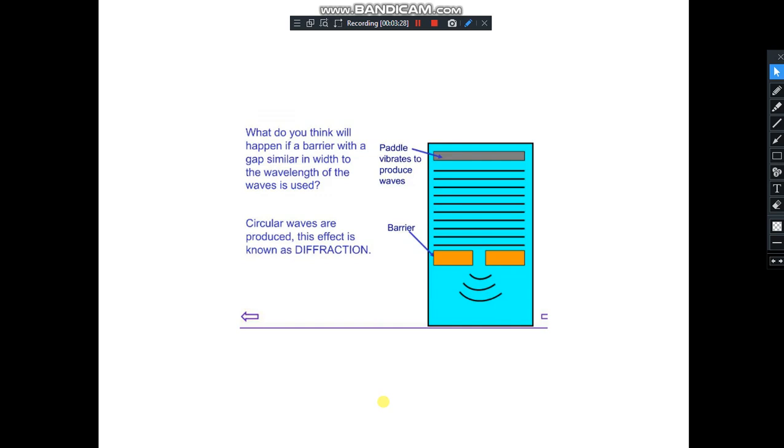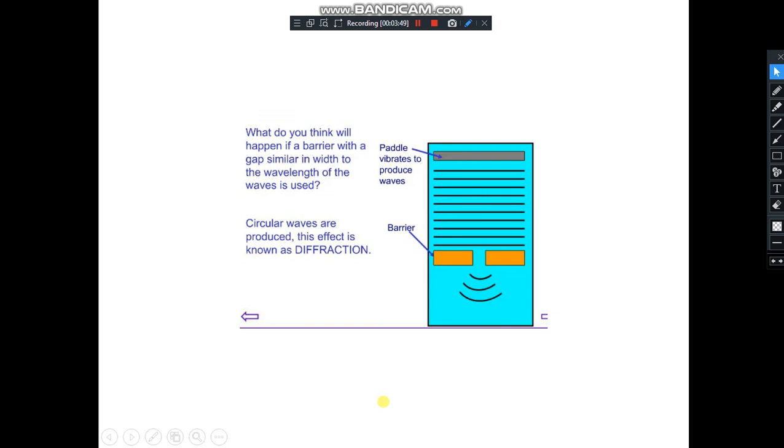And when we put obstacles in front of the waves, and the distance between the obstacles is small, you can see that it changes the shape of the waves.